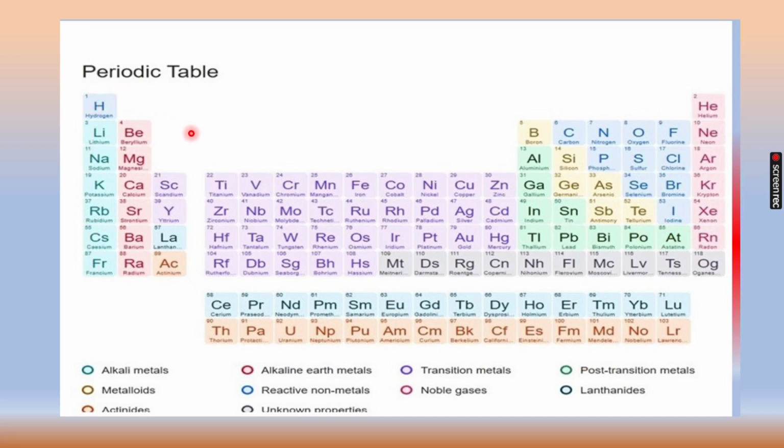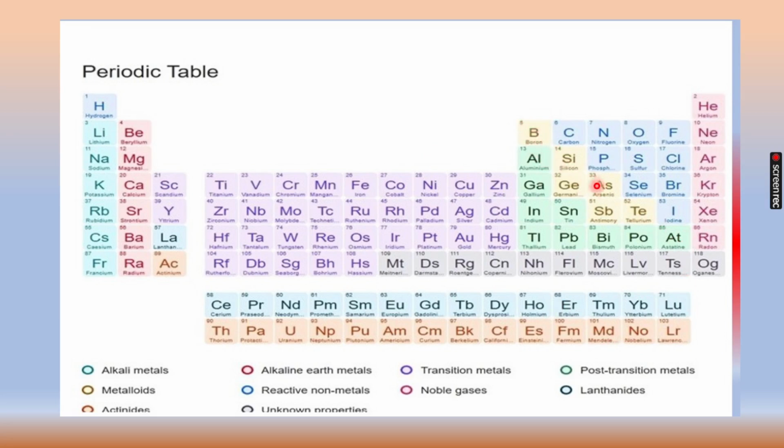More than 80% of the elements in the periodic table are metals. So metals are the most common elements in the periodic table.